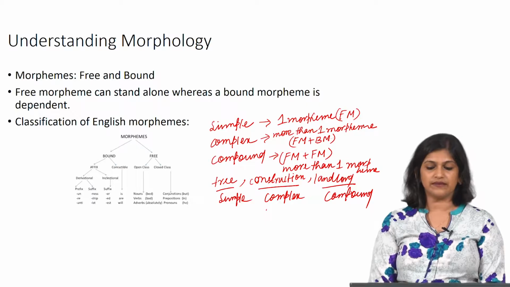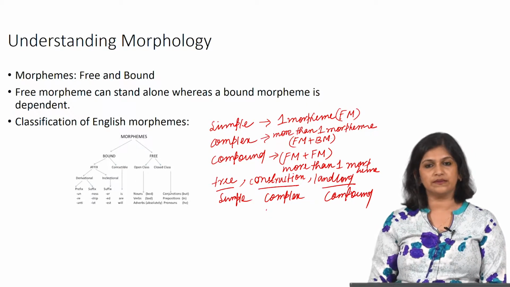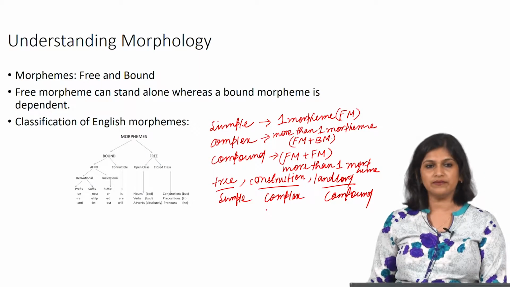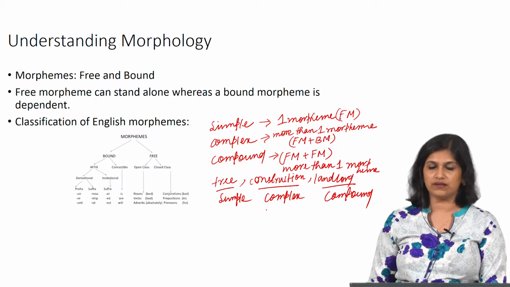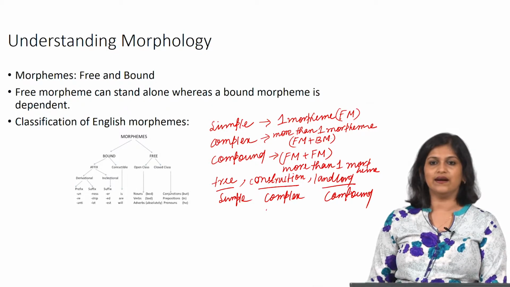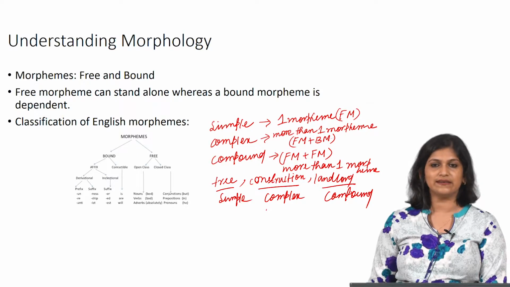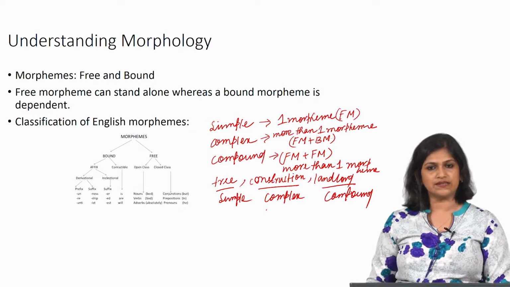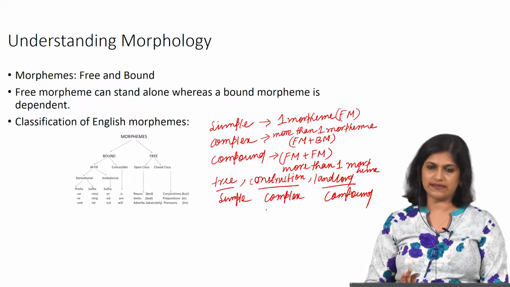A simple word has only one morpheme, and that is a free morpheme, because free morphemes do not depend on anything else to have complete meaning. It can stand freely without any dependence on anything or anyone. So a simple word has only one morpheme, and that is a free morpheme.